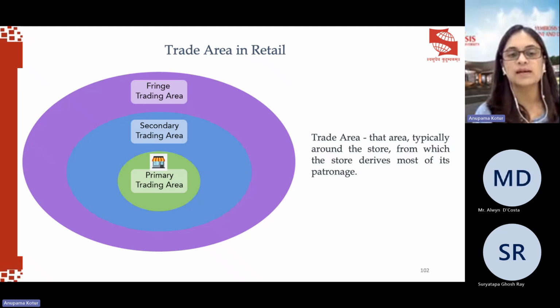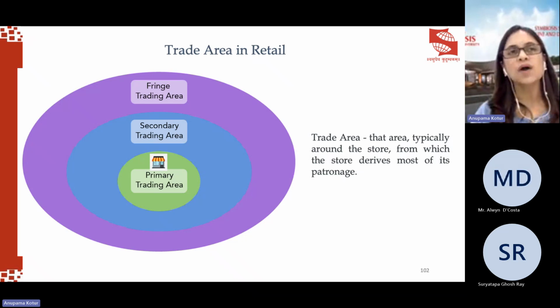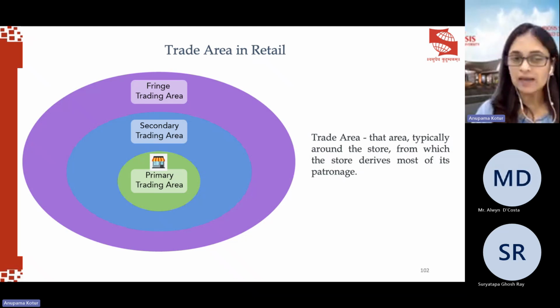And then, of course, there are secondary trade areas. It could be, say, 3 or 4 kilometers around your store location. And then there is the fringe trading area, which is not very important. Not a lot of your consumers come from there unless they have some kind of loyalty, right?